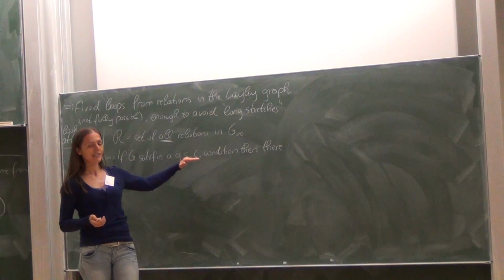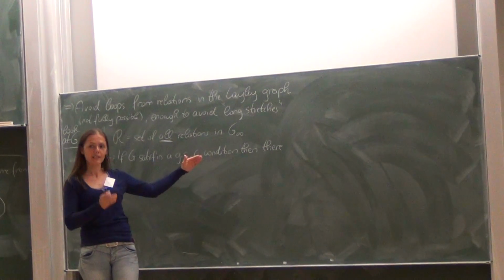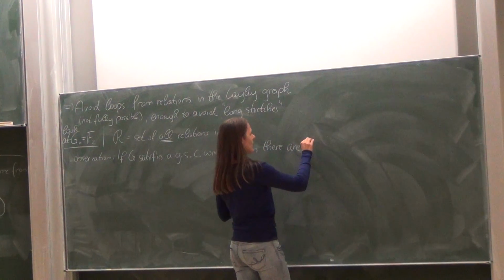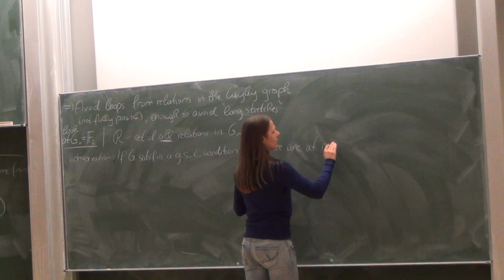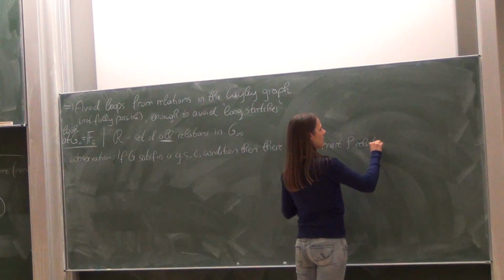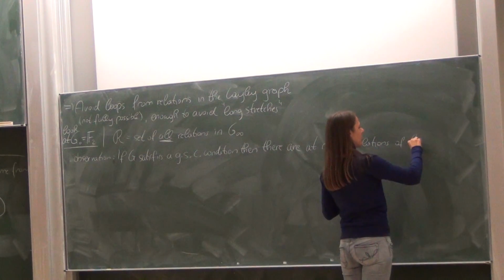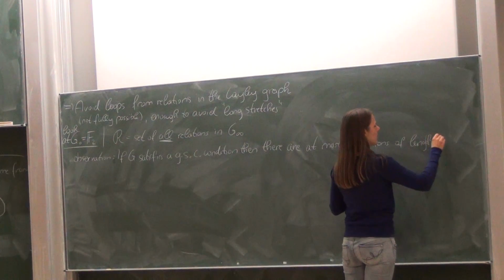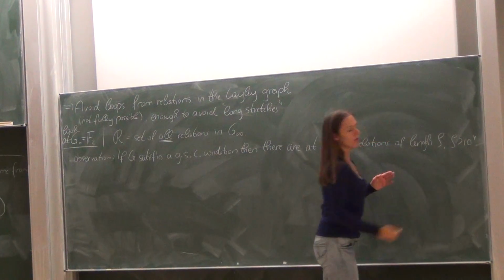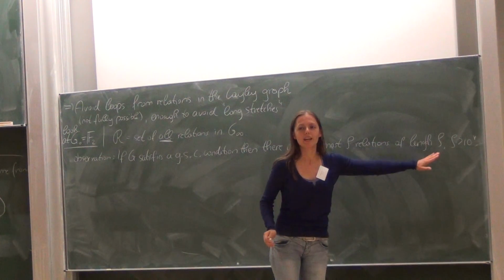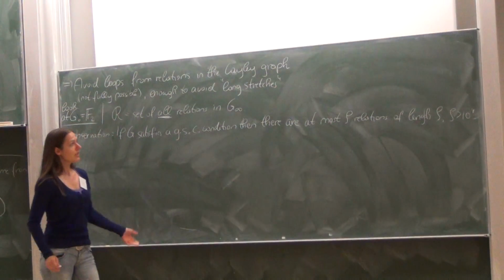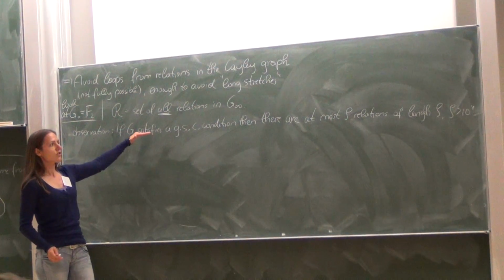So if you have this graded small cancellation condition, which is a condition on the relations you have in your group, then there are, so we're counting, there are at most rho relations of length rho, where we choose rho to be bigger than 10 to the 4, which looks like a very strict, very big restriction, but actually it will turn out it is always bigger than 10 to the 8, so that's all fine. So there are not very many relations of a certain length.